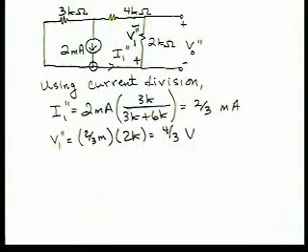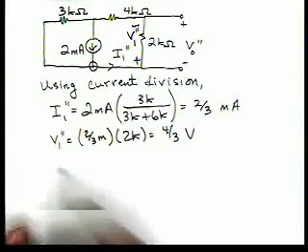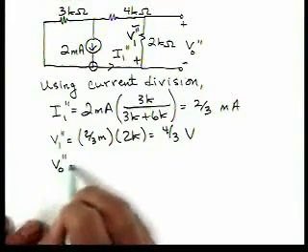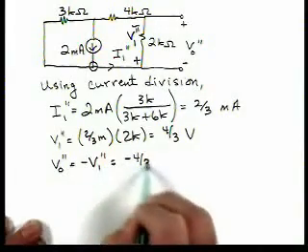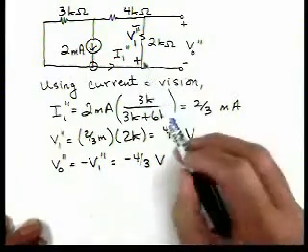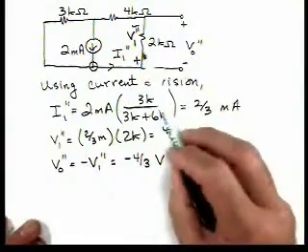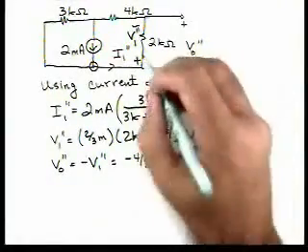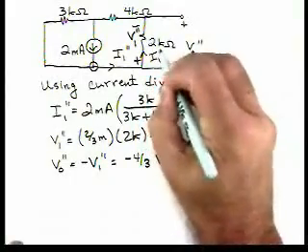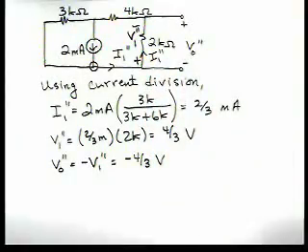Now, if I look at my circuit, I can see that V1 double prime has the opposite polarity of V0 double prime, so V0 double prime is minus V1 double prime, which is minus 4/3 of a volt. I1 double prime also flows through this resistor, and using the passive sign convention, that gives me the polarity for V1 double prime.